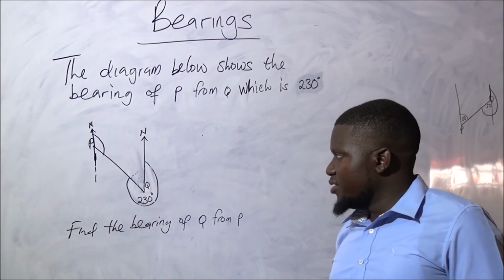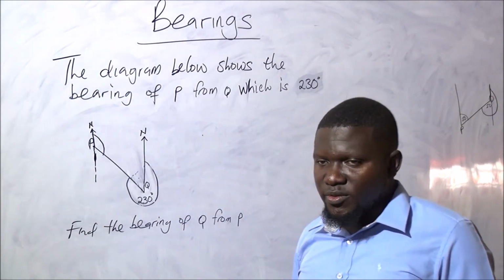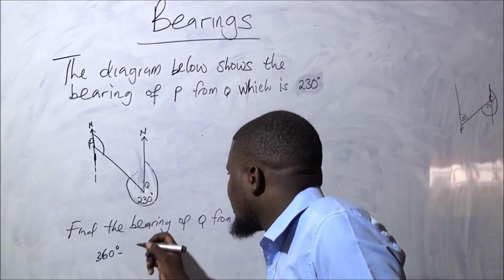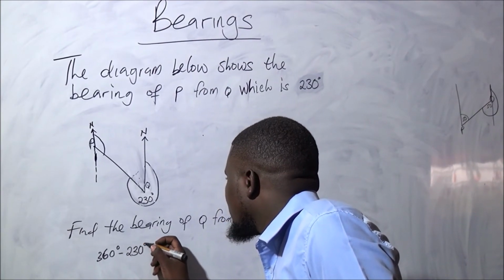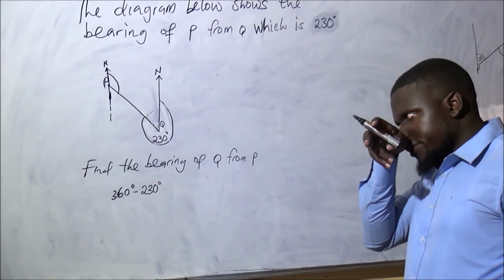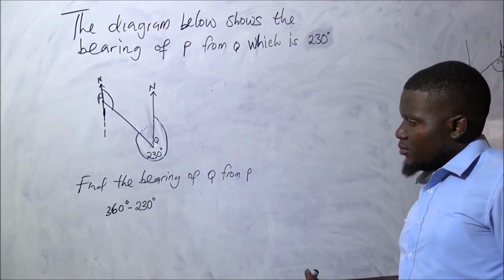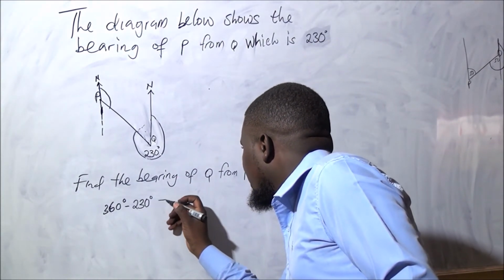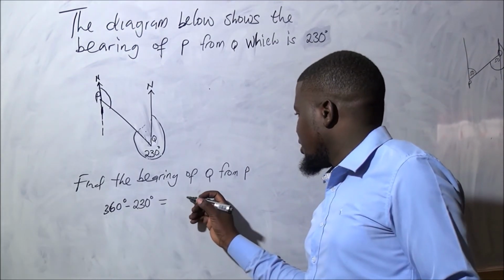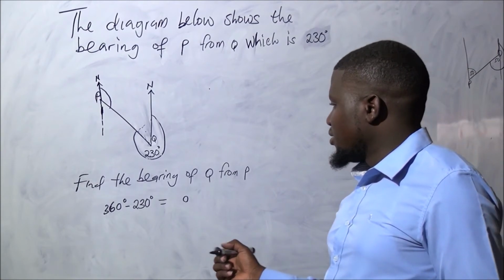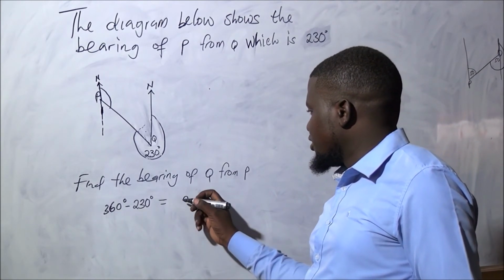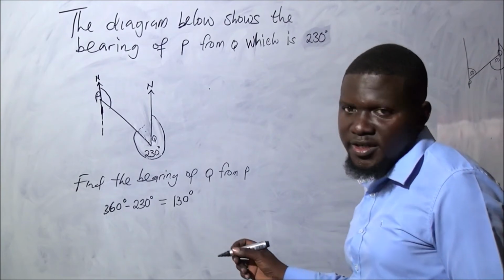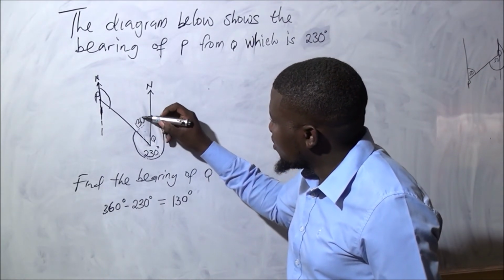So the best thing we're going to do there is simply say 360 degrees minus 230 degrees, and the result here will be equal to, we'll just look at the difference there, 0 minus 0, the answer is 0, and 6 minus 3 here, the answer is 3, and 3 minus 2 there, the answer is 1. So we have 130 degrees here.